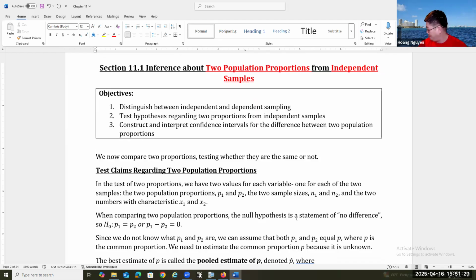In the test of two population proportions, we have two values for each variable, one for each of the two samples. So we use the subscripts: the two population proportions p1 and p2, the two sample sizes n1 and n2, and the two numbers with some certain characteristic, x1 and x2.